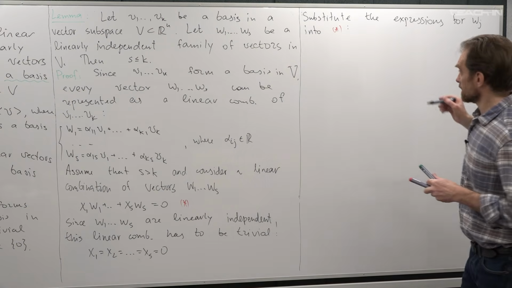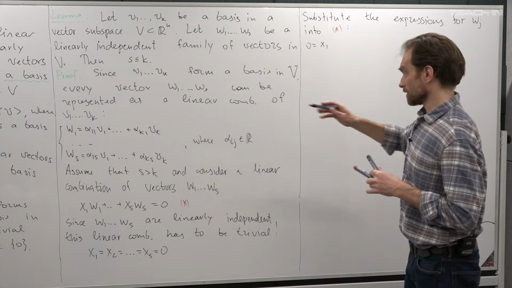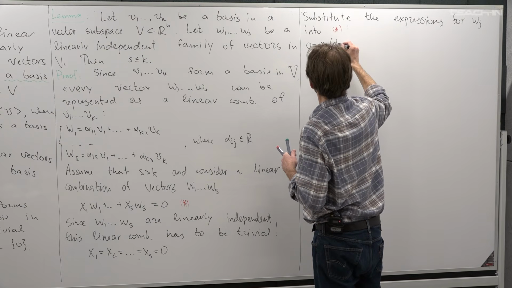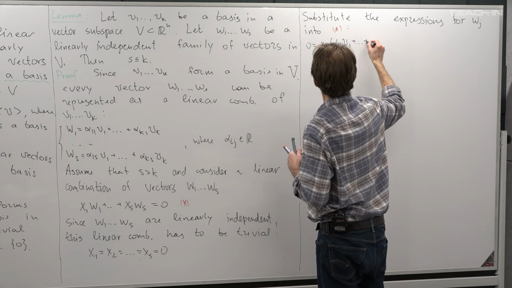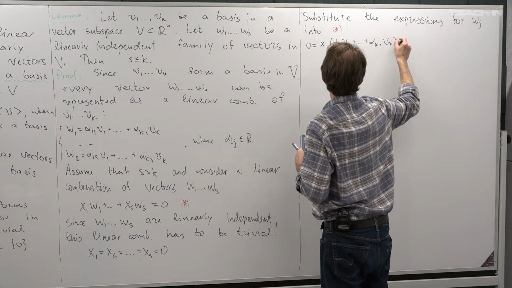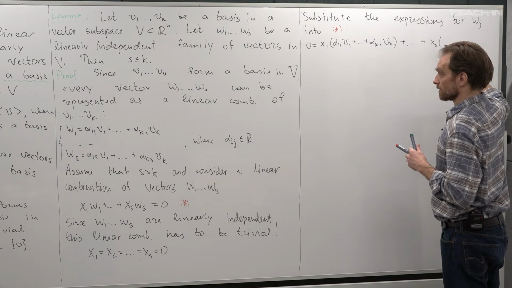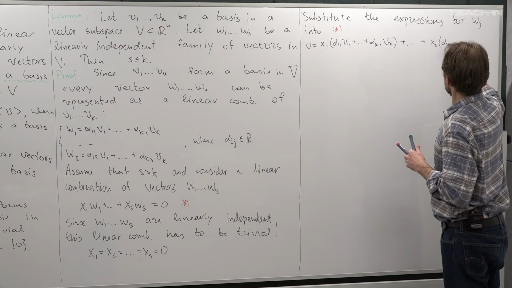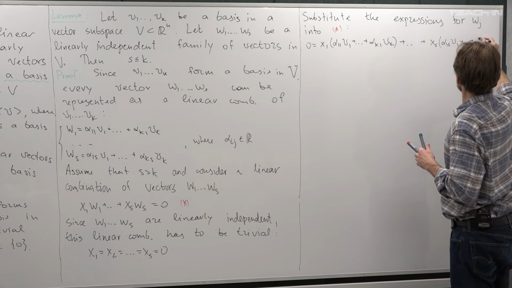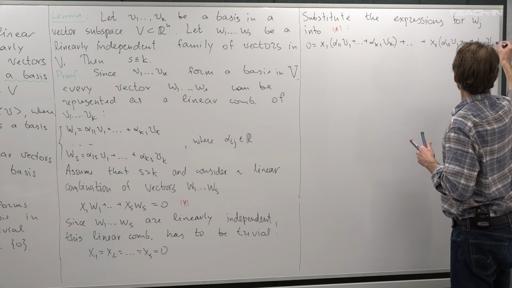So what are we going to get? So 0 equals x1 multiplied by the expression for w1, so alpha sub 1 1 times v1 plus etc. plus alpha sub k1 times vk, plus etc. plus xs multiplied by alpha sub 1s times v1 plus etc. plus alpha sub ks times vk.